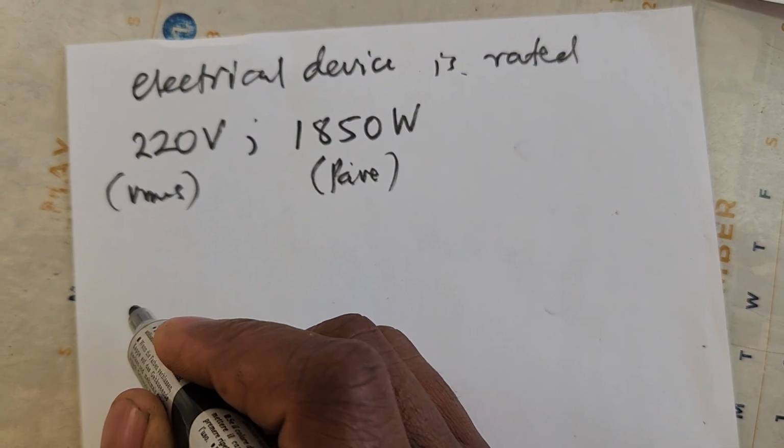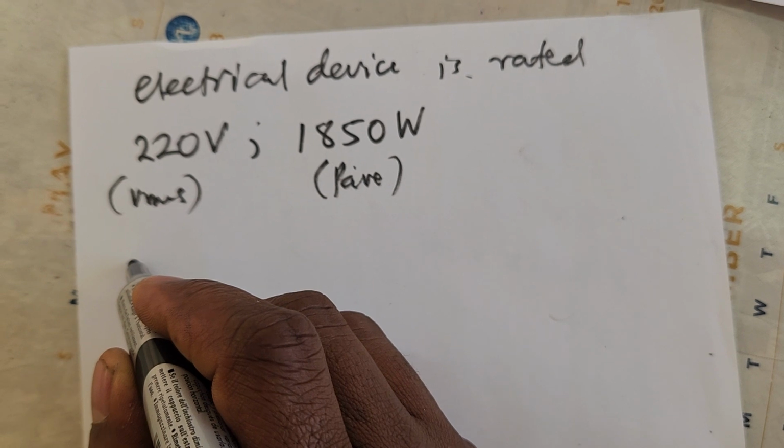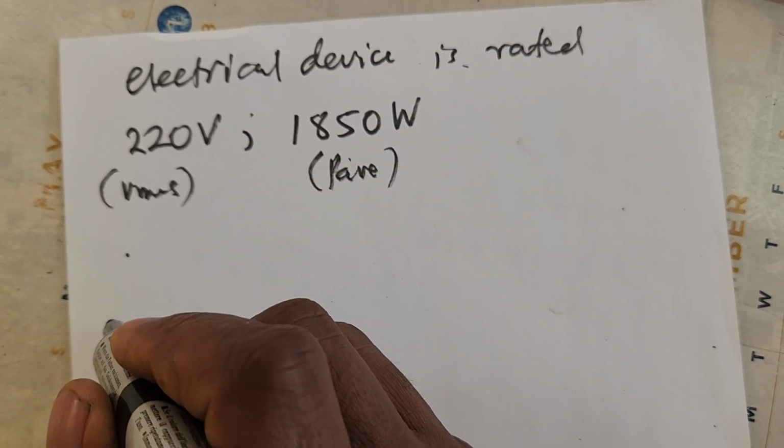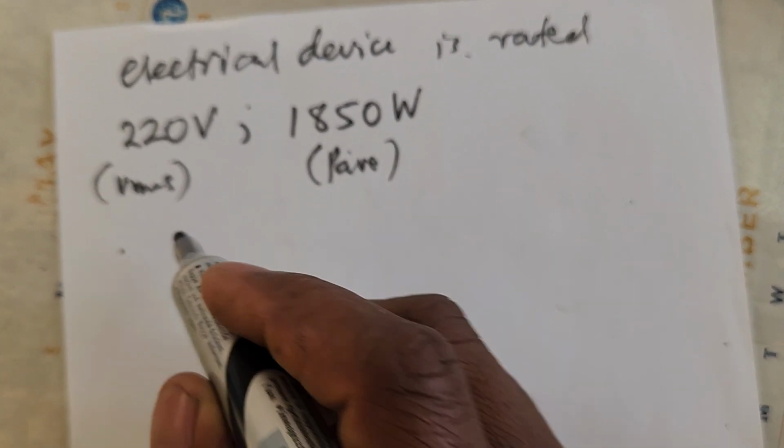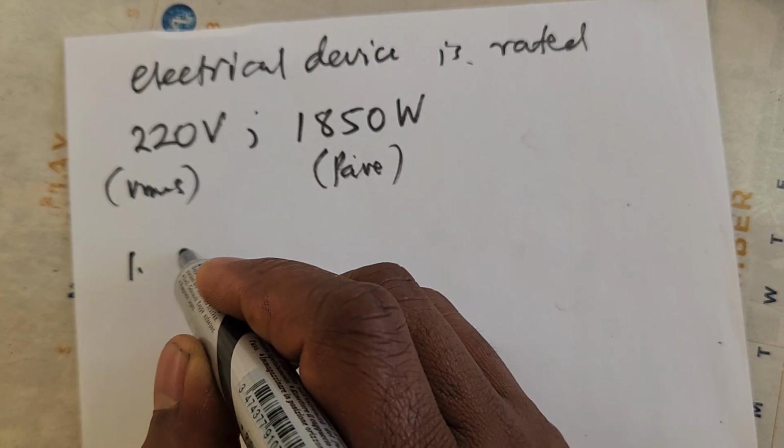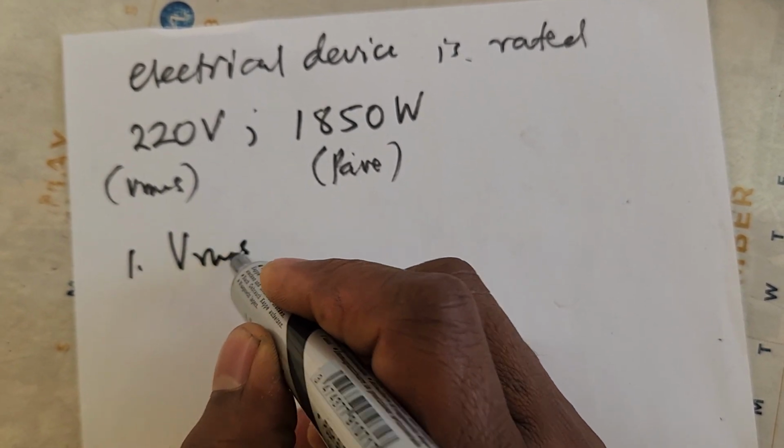So the first question, they say define the term root mean square voltage. Define VRMS.